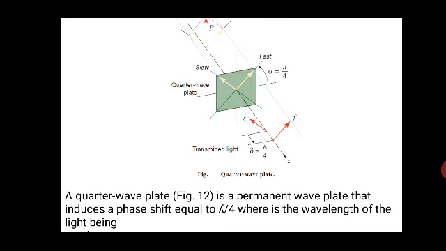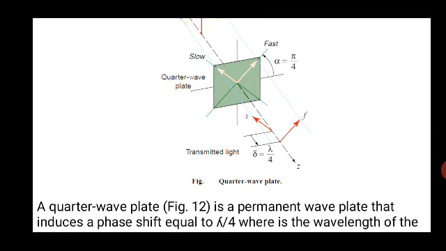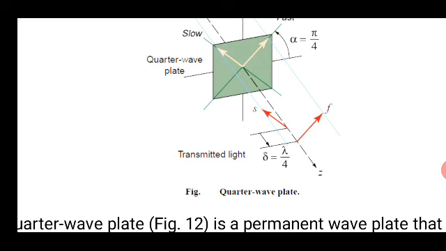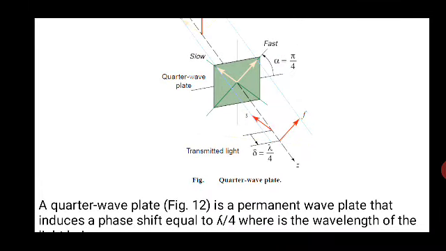In this direction the wave is transmitted from the quarter wave plate at a mutually inclined angle. This is the transmitted light, with delta equal to lambda by 4. The light coming out from the quarter wave plate has one wave moving along the fast axis and the other along the slow axis.